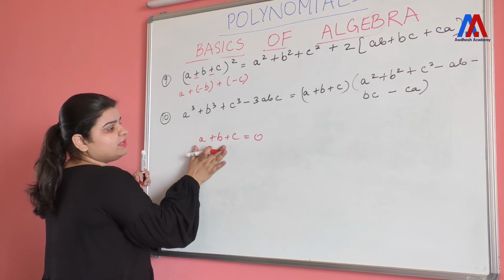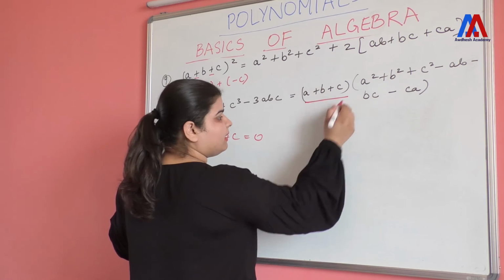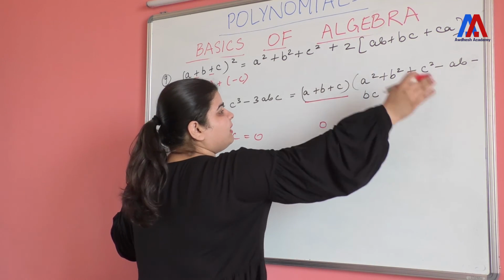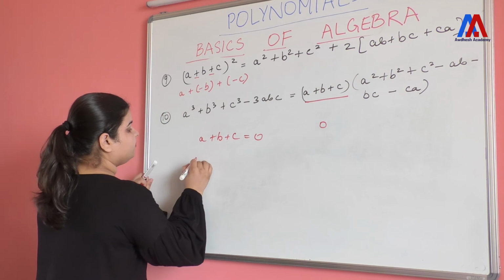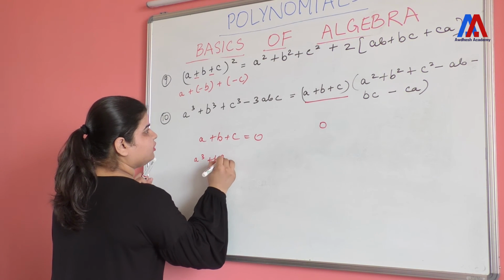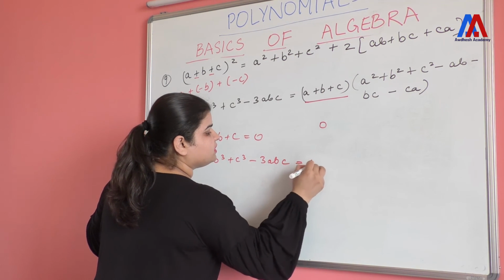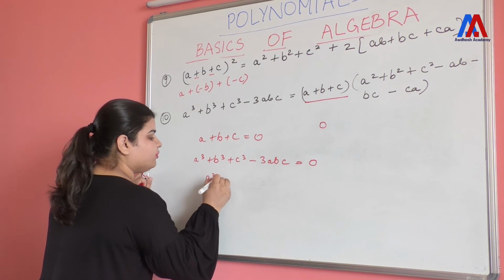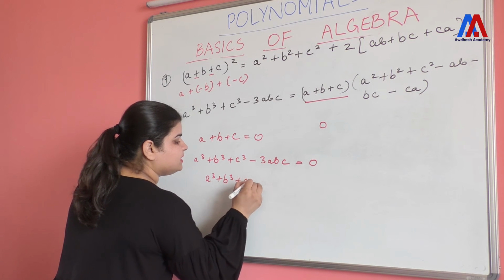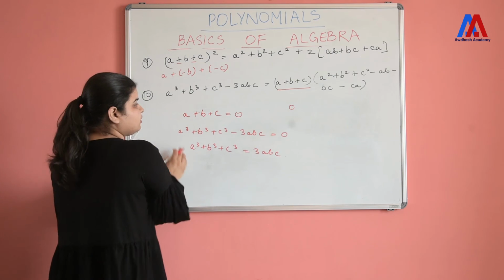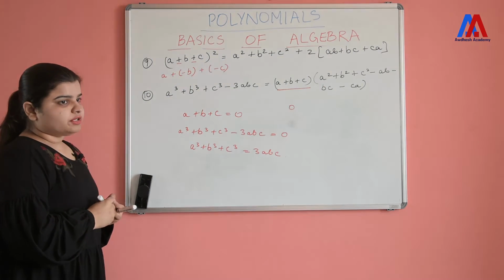So when a plus b plus c is 0, this whole part becomes 0 and multiplication by 0 of any part will give us 0. So a cube plus b cube plus c cube minus 3abc becomes 0, or a cube plus b cube plus c cube becomes 3abc. So this part of the identity is also very important.